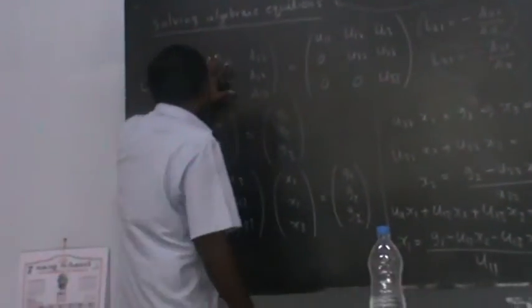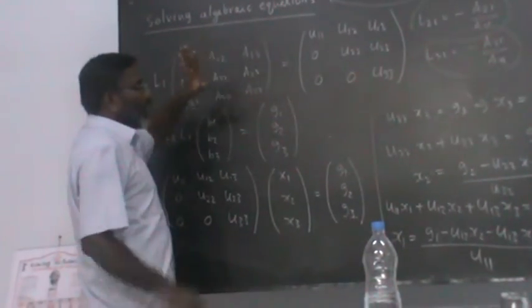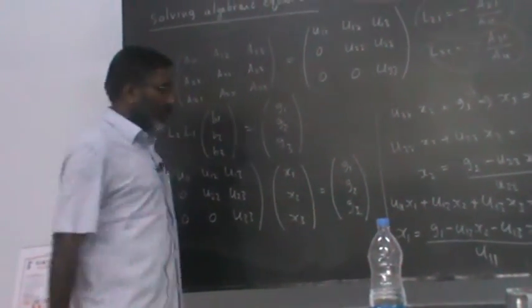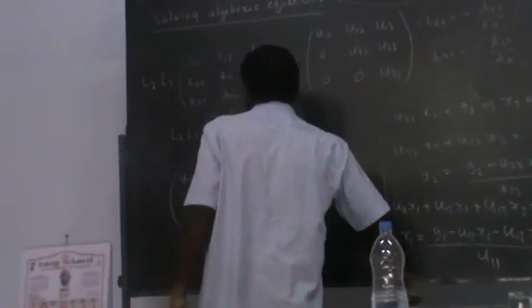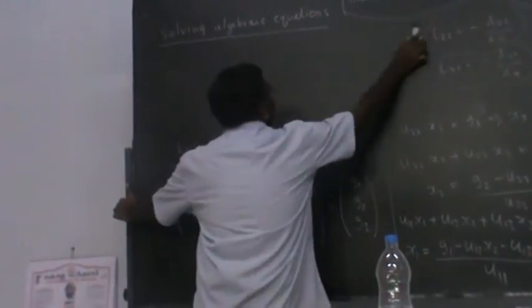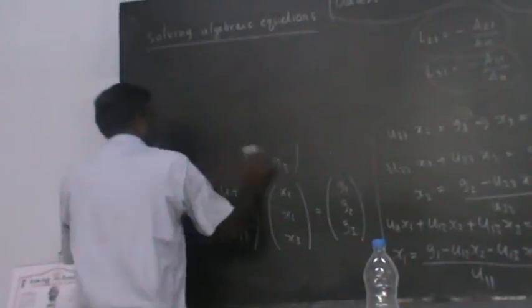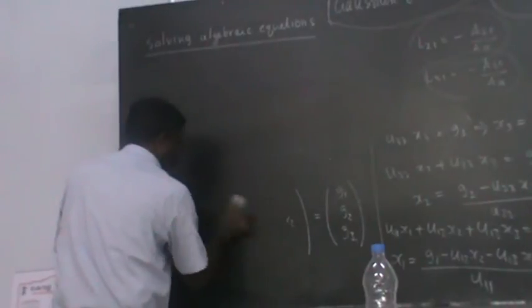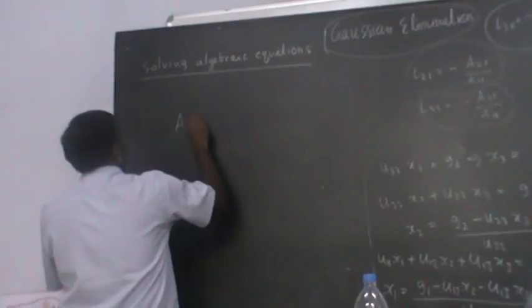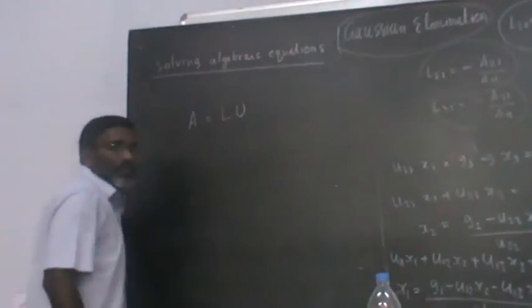Is it the same as LU decomposition? LU decomposition is slightly different. In LU decomposition, this matrix itself will be written as LU, a lower triangular matrix times an upper triangular matrix. So yesterday I indicated that you can write a matrix as the product of lower and upper triangular matrices.